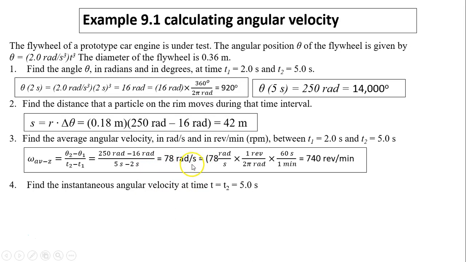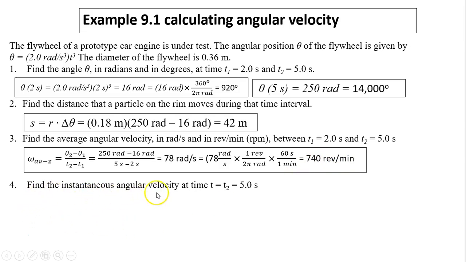Now we have to convert radian per second to RPM. 2 pi radians is 1 revolution, and 1 minute equals 60 seconds. This way, seconds and seconds cancel, radians and radians cancel. All you have is revolutions per minute. That gives you 740 rev per minute.